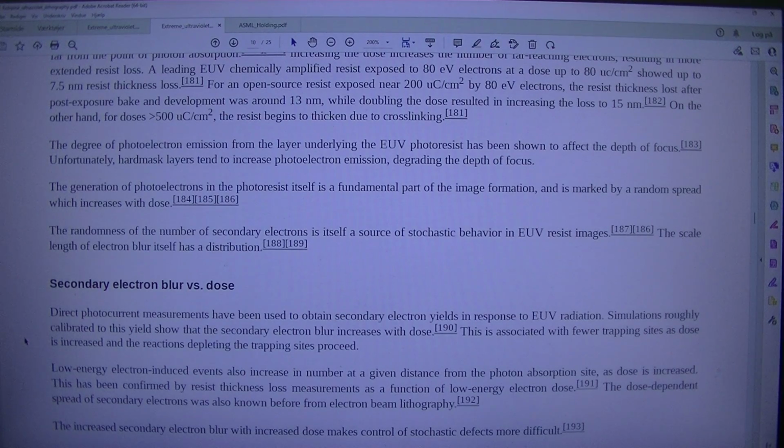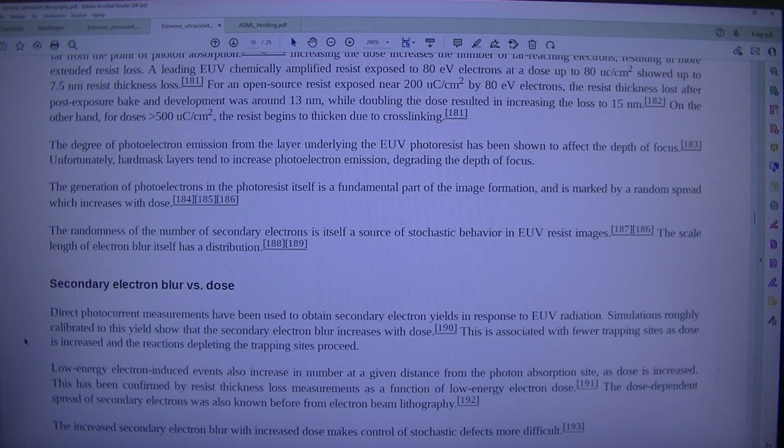This is associated with fewer trapping sites as dose size increased and the reactions depleting the trapping sites proceed. Low energy electron-induced events also increase in number at a given distance from the photon absorption site, as doses increase. This has been confirmed by resist thickness loss measurements as a function of low energy electron dose.